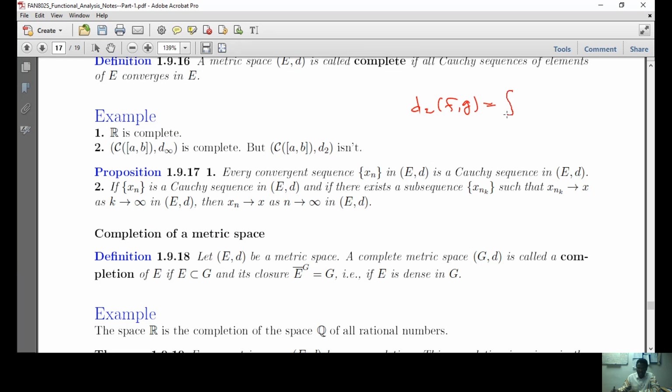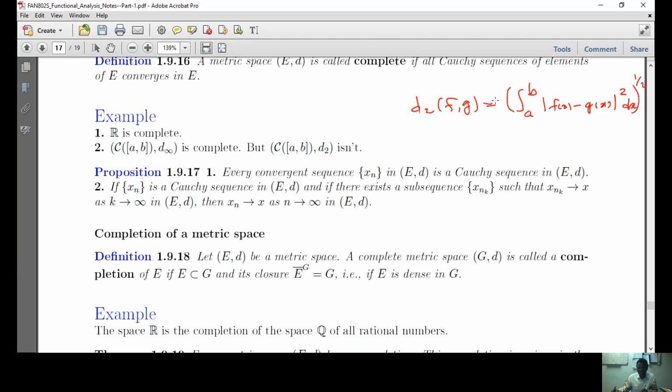We can take the integral from A to B, okay, we are in the interval AB. The integral from A to B of the absolute value of f(x) minus g(x), squared, dx, and then we take the square root. So this is similar to what we know from vectors.